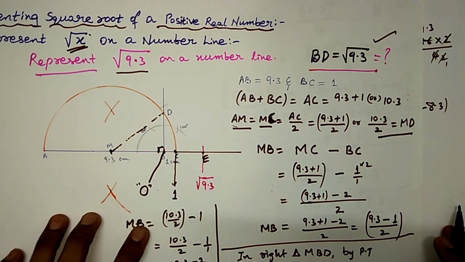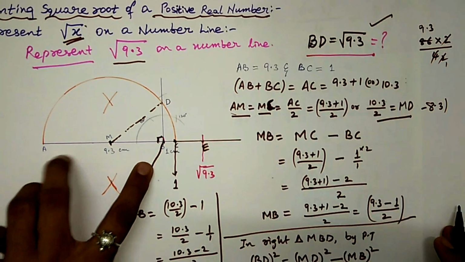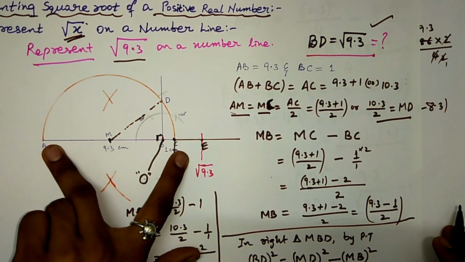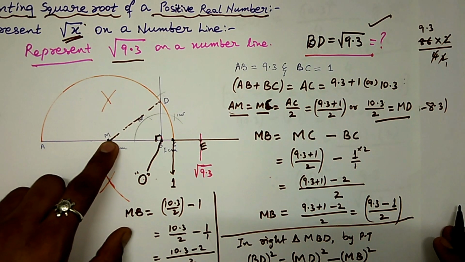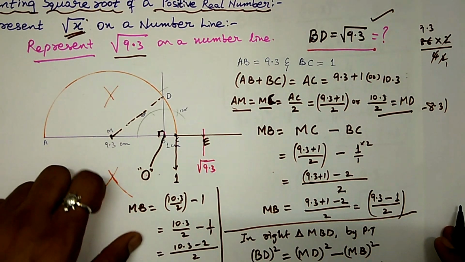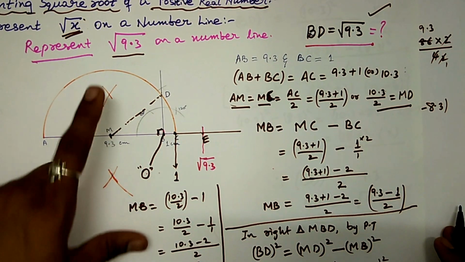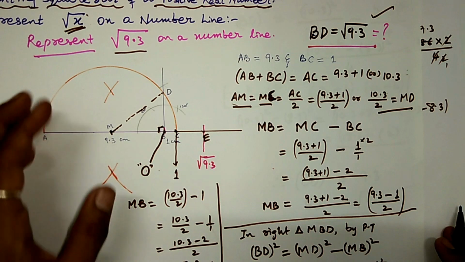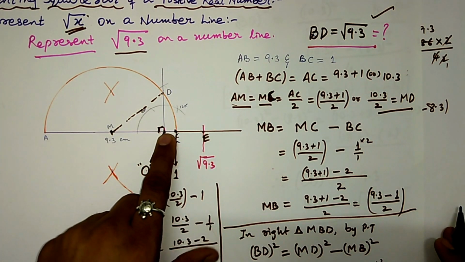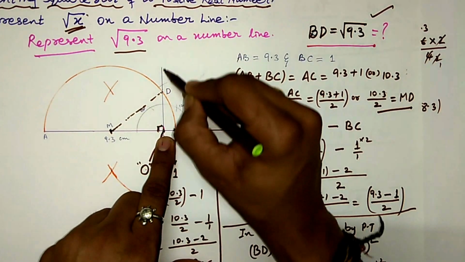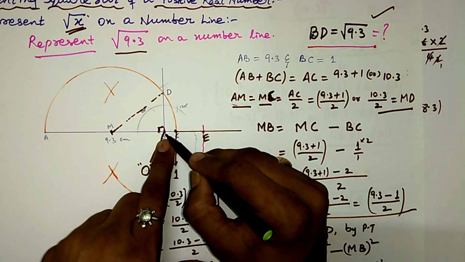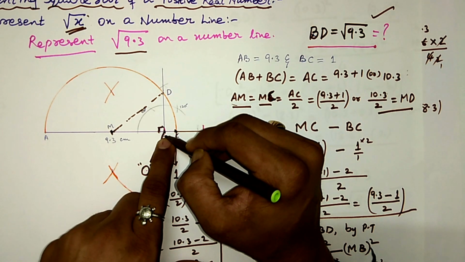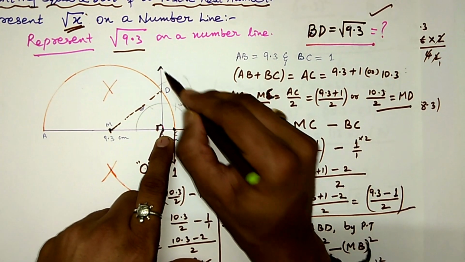The technique used: drawing a number line of length 9.3 extending 1 centimeter, taking that AC as the diameter of a semicircle, constructing the semicircle, finding the midpoint of it using the perpendicular bisection of a line segment technique, and after constructing this semicircle, with the help of a pair of compasses, constructing a right angle at this point B will help you find the line segment intersecting the semicircle by that perpendicular.